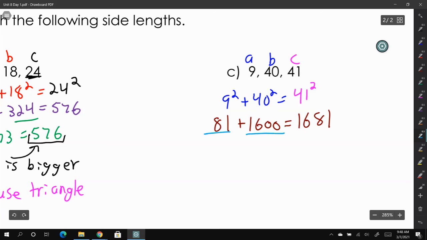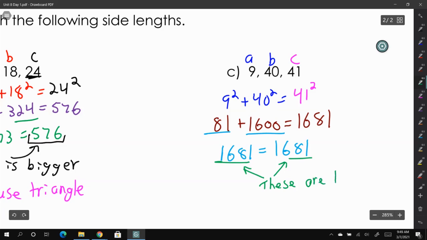When we combine our like terms, we get 1681 equals 1681. So in this sense, these are the same, which makes this a right triangle. Okay.